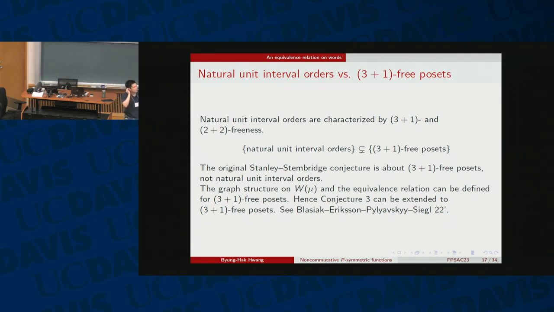I don't fully understand your question, but the reason why I consider only natural unit interval orders, not 3+1 free posets, is that I use the model of the unit interval. There is a geometric, diagrammatic model for these natural unit interval orders, and my work depends on that model, but 3+1 free posets do not have such a model.